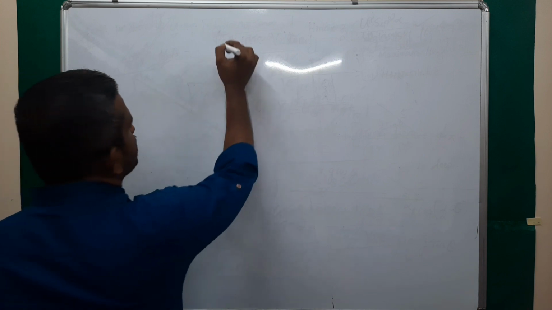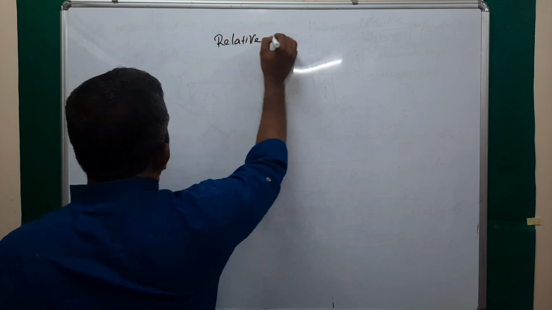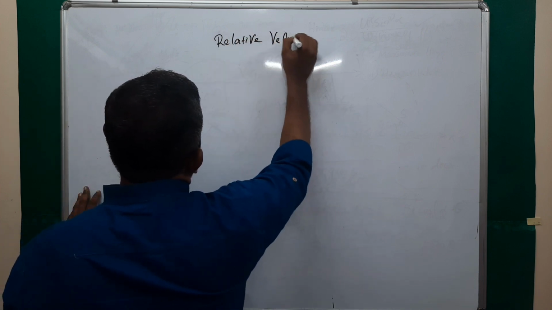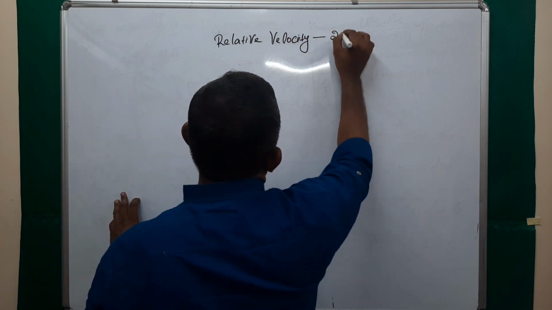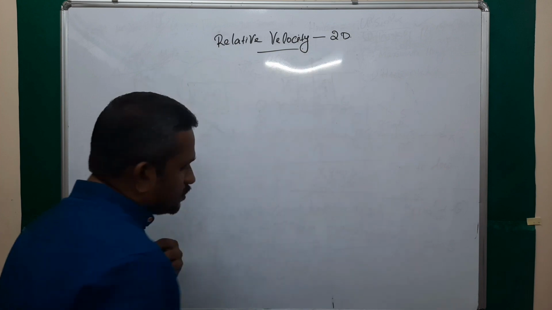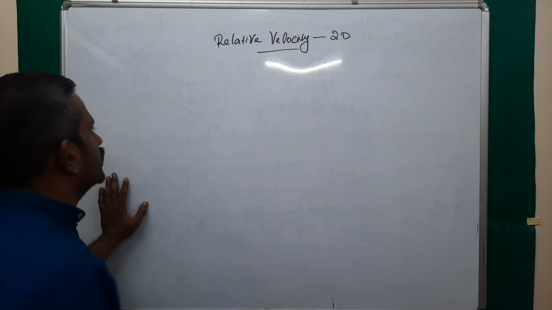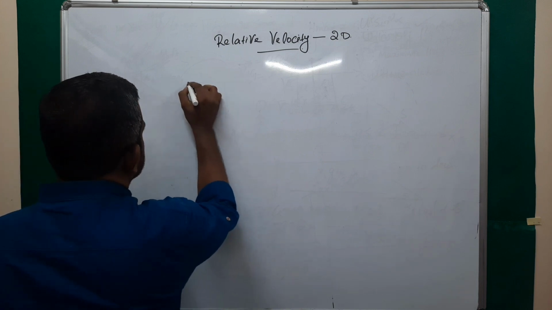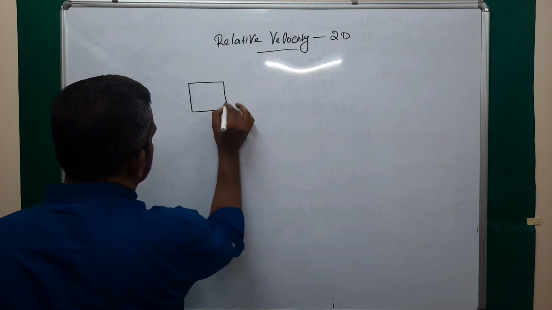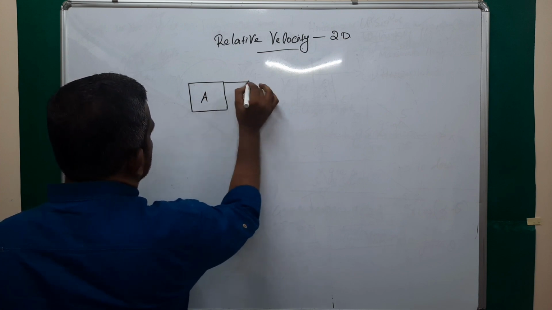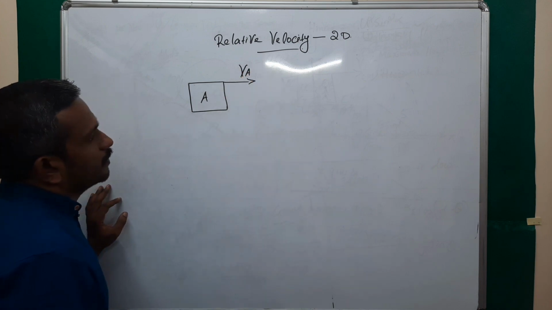Relative velocity in two dimensions, 2D. Just to recollect what we have studied in relative velocity in one dimension: suppose an object A is moving with velocity VA.